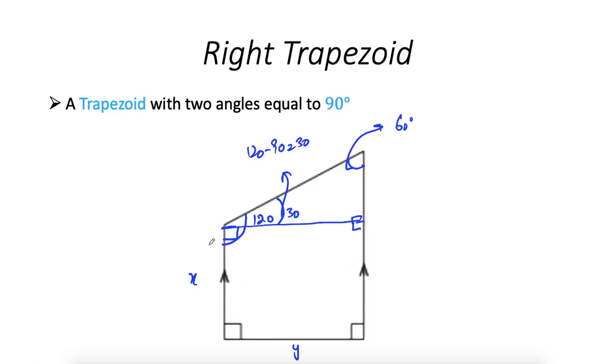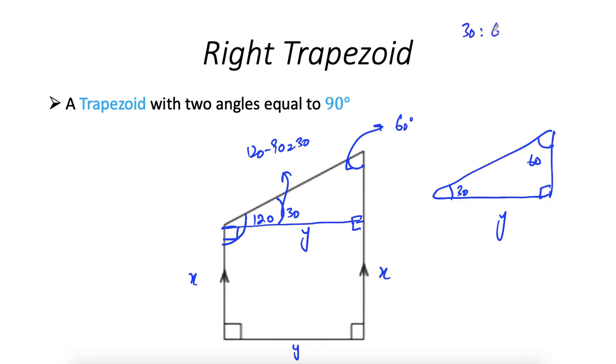Now it is very simple. This length is equal to this length, this is x, this is y. Now we have 30, 60, 90 degrees. This is 30, this is 90, and this is 60. This is y. Now simply use the 30, 60, 90 degree ratio. If this is x, for example, this is a root 3, this is 2a, and in front of 60 degrees, a root 3 is equal to y.